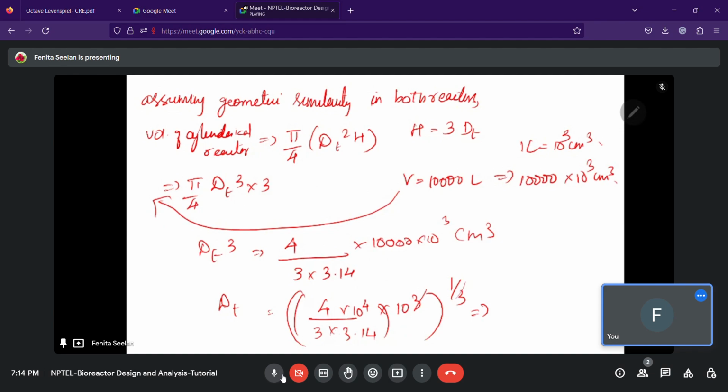So with this what you will get? This is 16.19. Keep it as 16.2 centimeter.